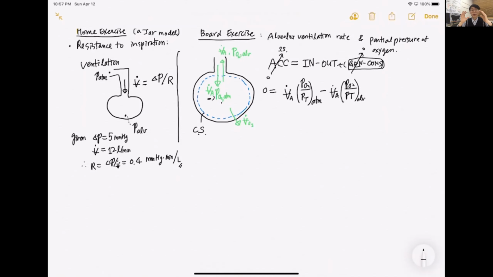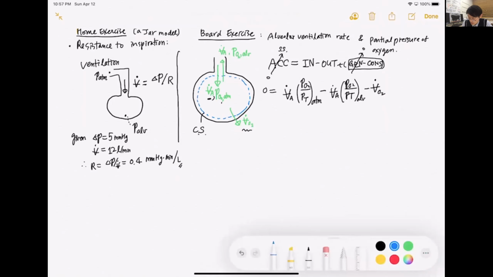And there is a component which is absorbed into the blood, which is shown here. That part has to be considered, going out of the control volume. So minus the volume flow rate of oxygen.